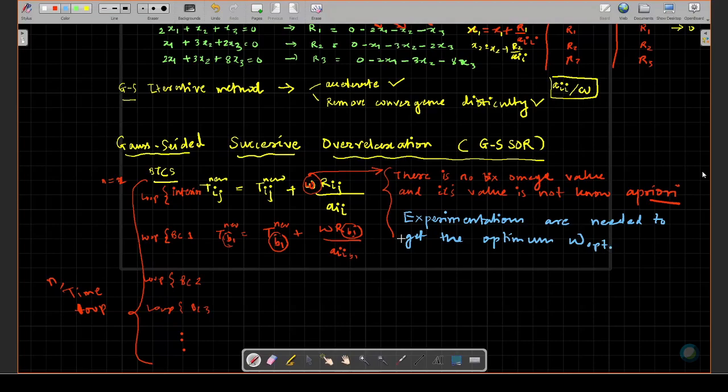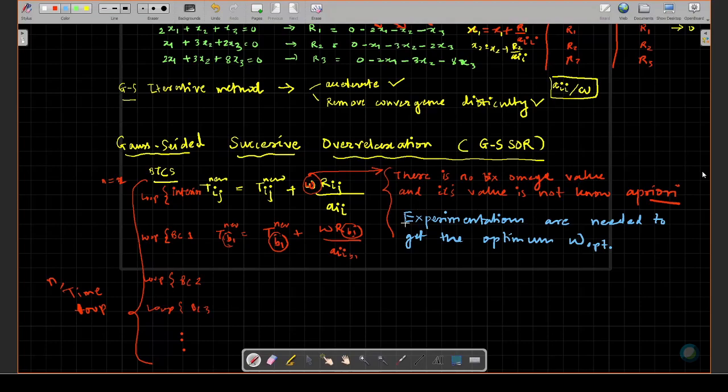Okay, omega. For a simple system, a 3 by 3 system, or 4 by 4, 5 by 5, you might be able to find the optimum omega. But in general, in many cases, when you are dealing with a 2D problem having a grid size of 3000, 4000, 5000, your matrix is very complicated, and knowing it from the matrix is not that easy.